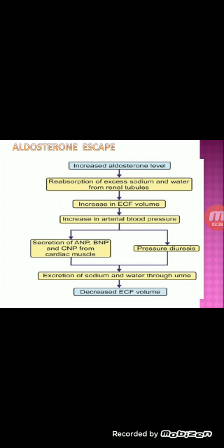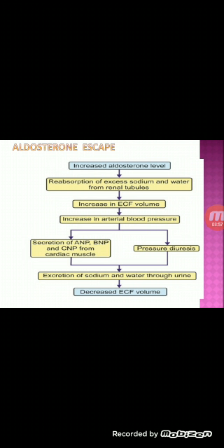So this is aldosterone escape. It refers to escape of the kidney from the salt-retaining effects of excess administration or secretion of aldosterone, as in primary hyperaldosteronism. Primary hyperaldosteronism is the overactivity of aldosterone. When there is an increased level of aldosterone, there is more retention of sodium and water from the renal tubules.